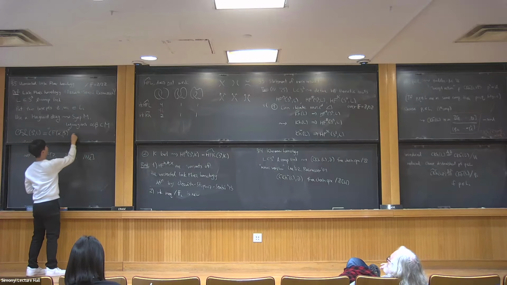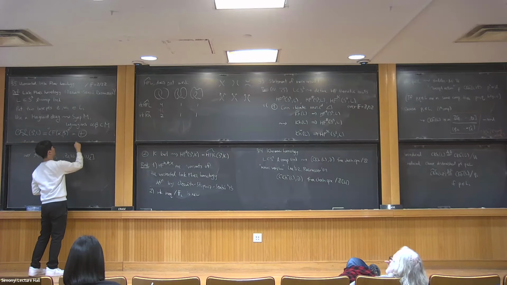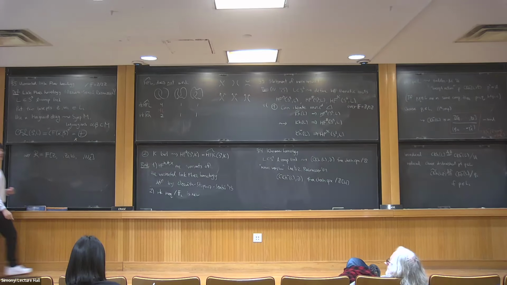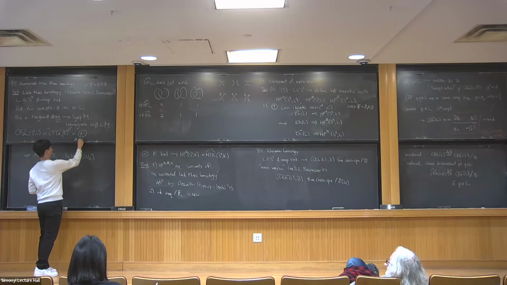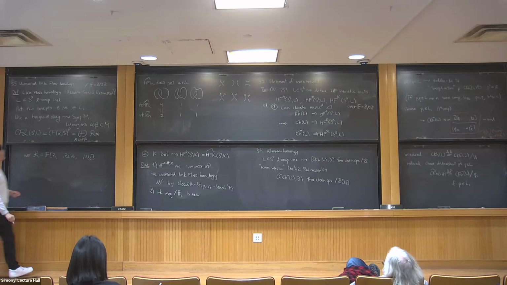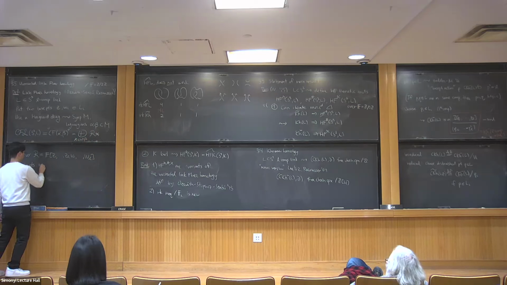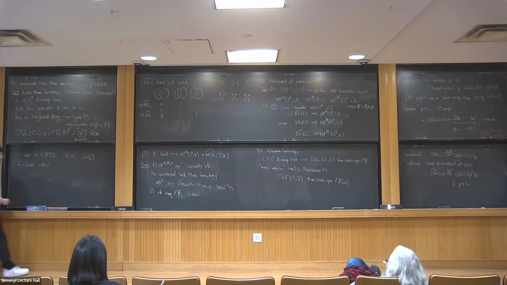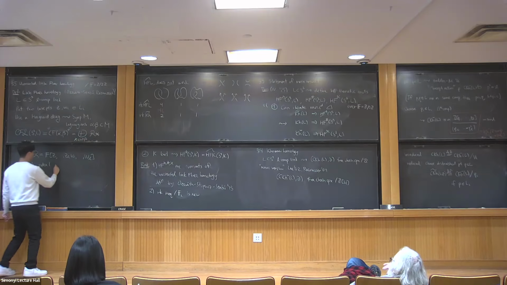So the chain complex as a module over R is freely generated by the intersection points of alpha and beta. And now the differential counts index 1 pseudo-holomorphic curves.